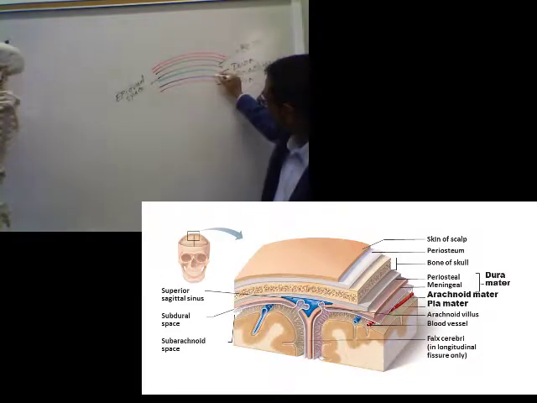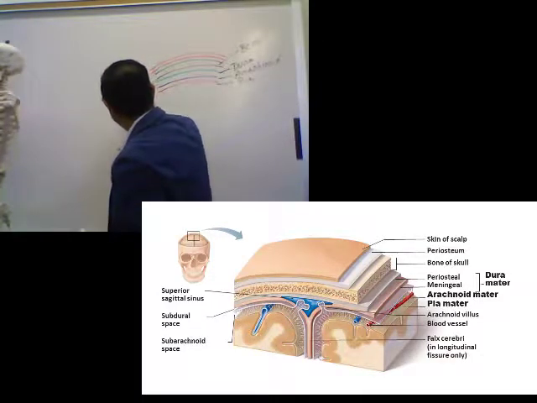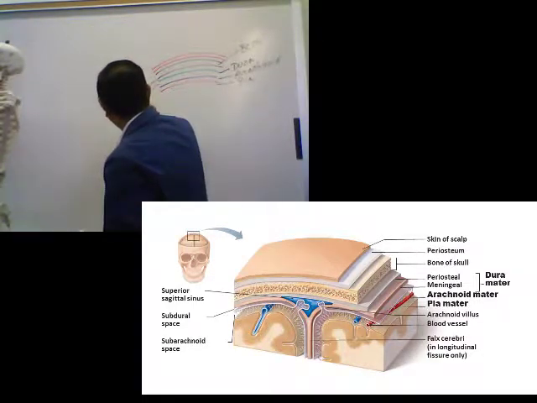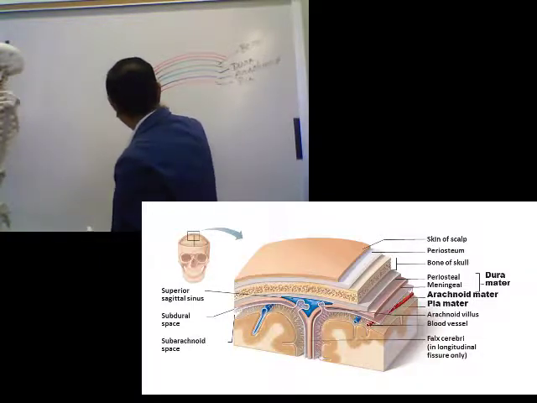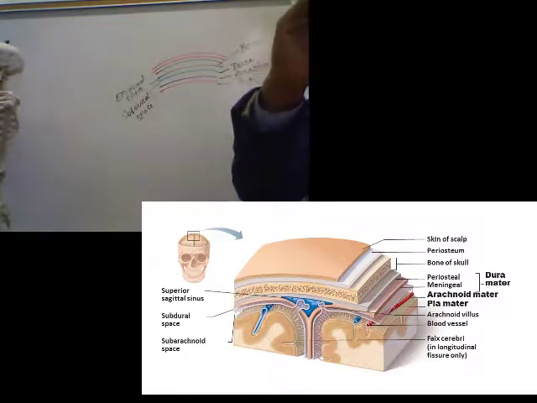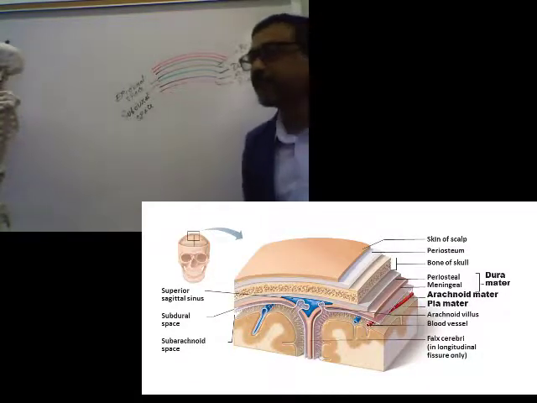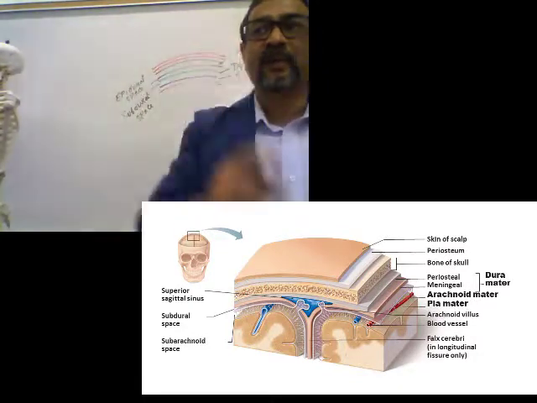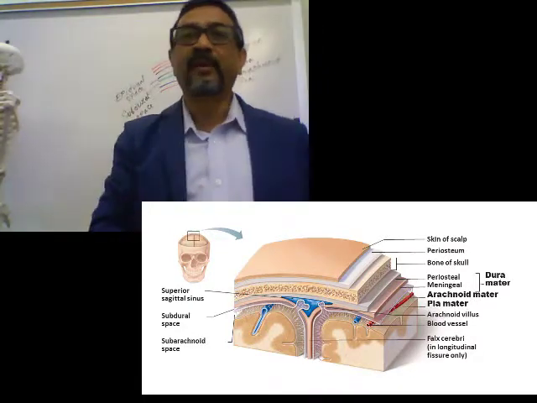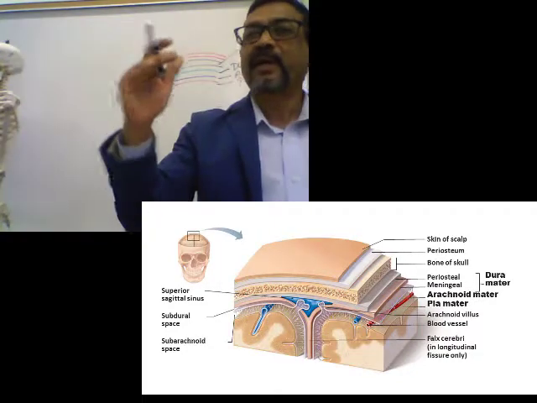And under the dura mater, this space is called the subdural space. Sub means under, you know that, right? Subordinate, we use that term, below. So epidural is above the dura mater, between the bone and the dura mater, and subdural is under the dura mater, between the dura and arachnoid.